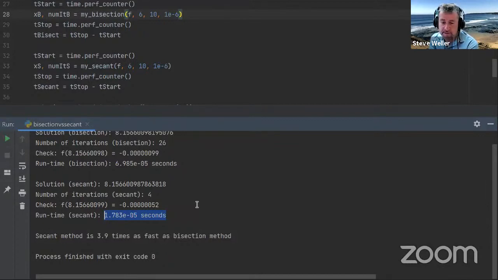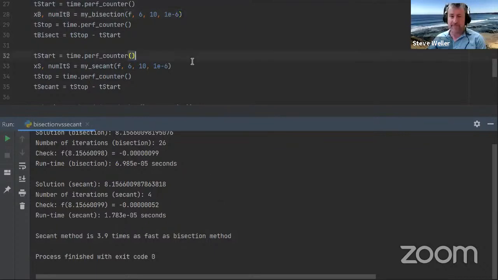I've worked with Brenton in recent times on problems that might take a day to run. The difference between a method that runs 4 times as fast as the original algorithm might mean that what you could do in 24 hours using one method, you could solve in 6 hours with another. That's a big difference. Newton's method on this problem would be faster again, but we're not going to code it.